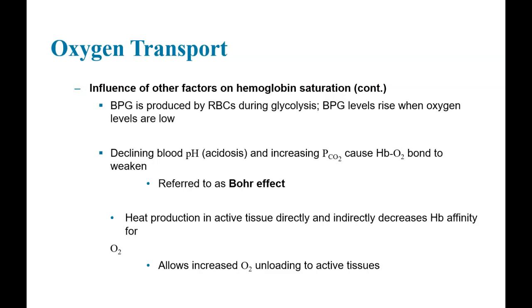This can cause the hemoglobin-oxygen bond to weaken, and it's referred to as the Bohr effect. Heat production in active tissues also directly and indirectly decreases the hemoglobin affinity for oxygen, because the higher the heat, the less affinity the hemoglobin will have for the oxygen. And this allows for the increase of oxygen unloading to active tissues.